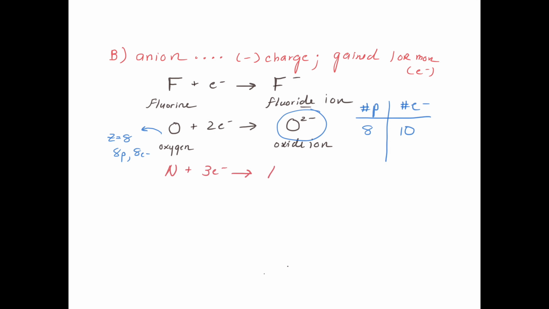Okay, nitrogen likes to gain 3 electrons. It would form the nitride, IDE ending, anion. This is element number 7, so the neutral atom has 7 protons, 7 electrons, but the anion has 10 electrons.